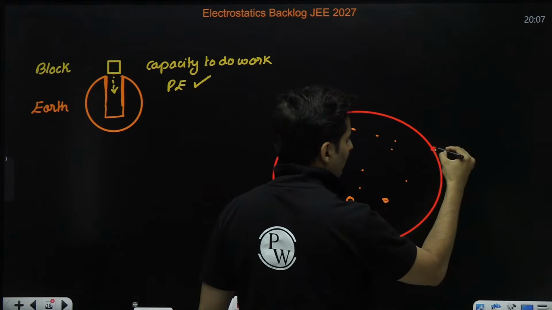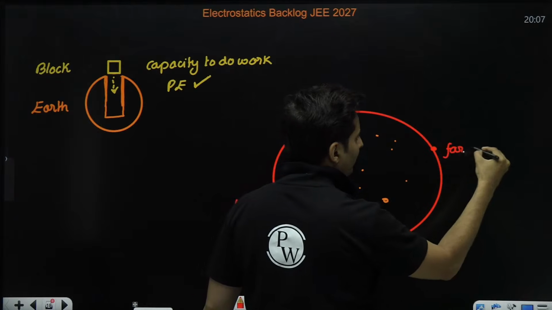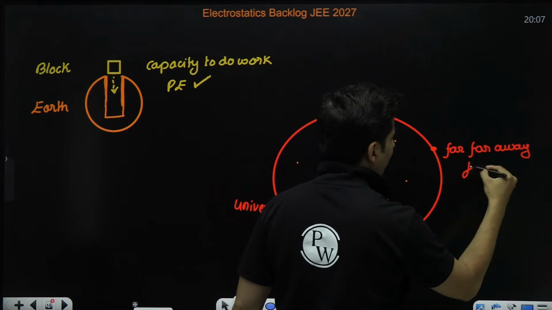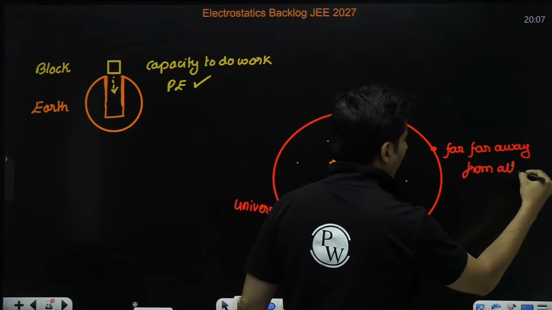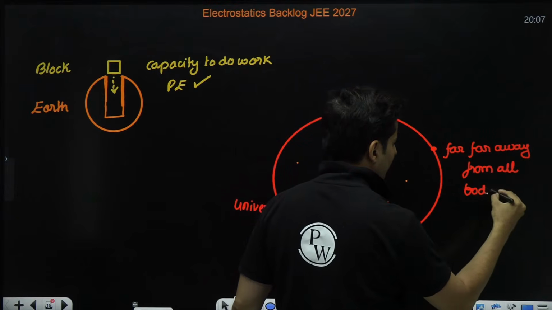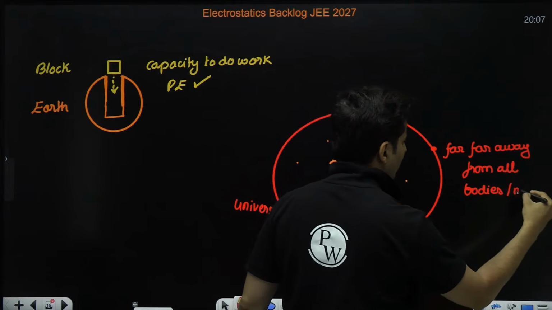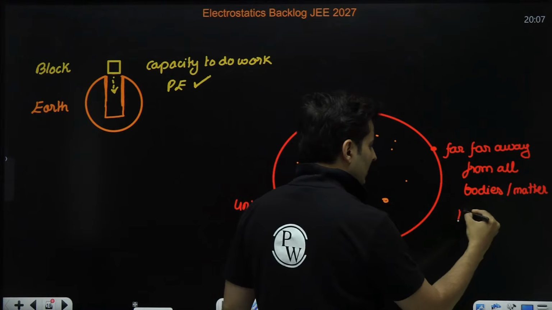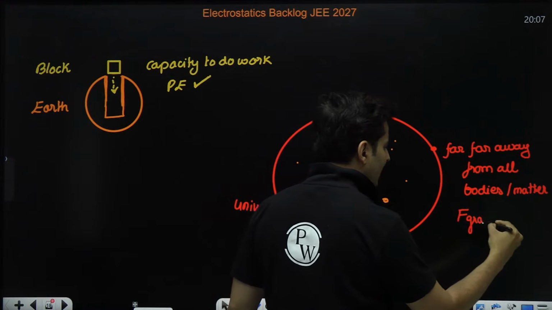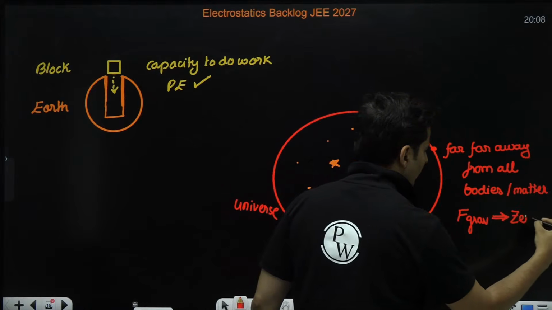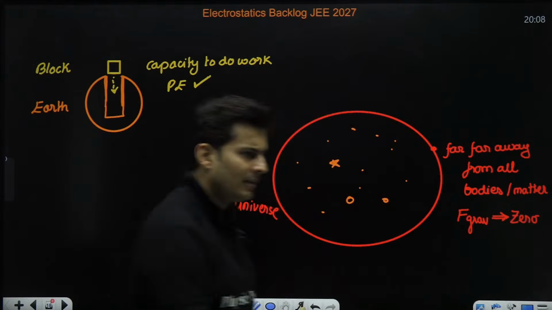At this particular point, you are far, far away from all the particles, from all the bodies, or basically matter. At such a place, the force of gravity will definitely be 0.